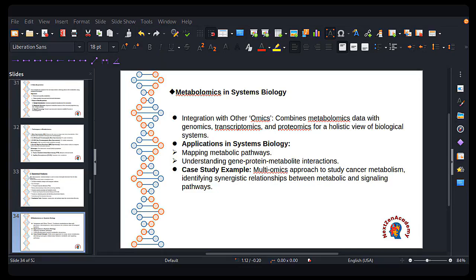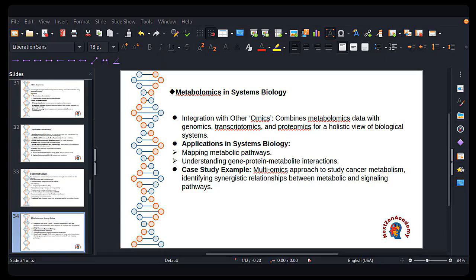This word written here, systems biology. Systems biology is a multidisciplinary field, right? Interaction or combination of two or more agents, systems or processes.